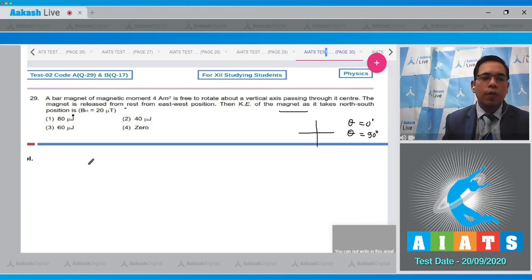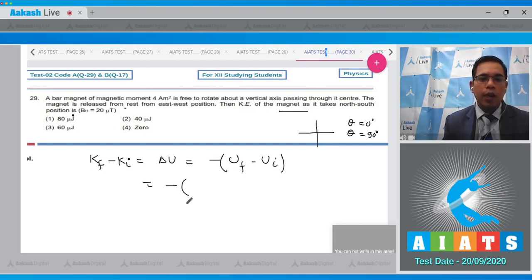Now we know that from the work energy theorem, final kinetic energy minus initial kinetic energy equals change in potential energy, which equals minus of U final minus U initial. Finally it is 90 degree, so U final is mB cos 90 which is 0, minus of mB cos 0 degree, which equals mB.